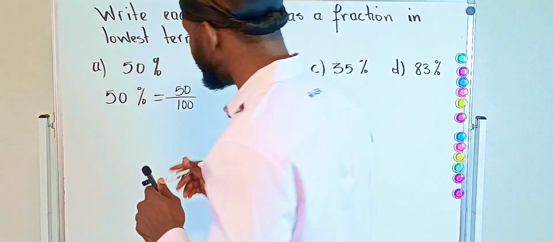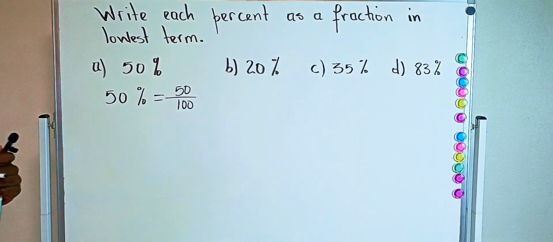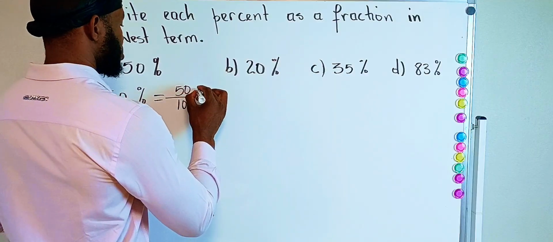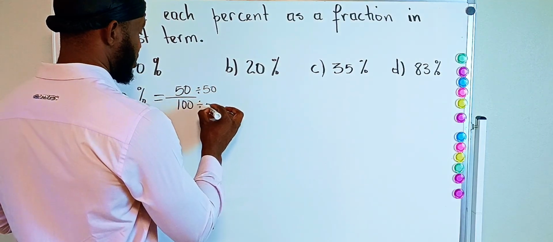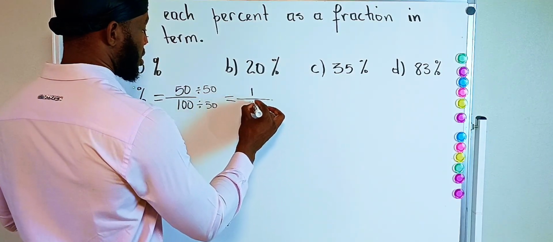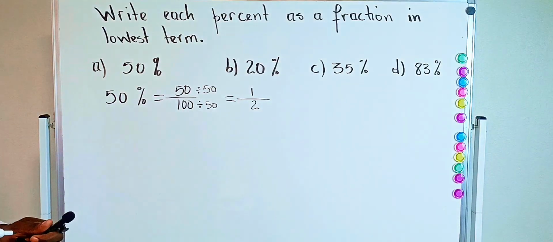But since we know that 50 is a factor of 100 too, we can just consider it the greatest common factor and divide by 50 in order to have the lowest term of the fraction.